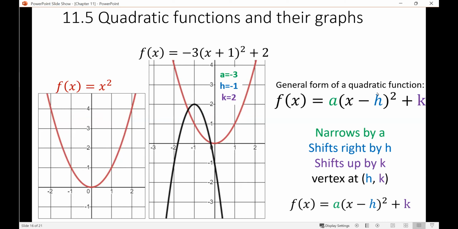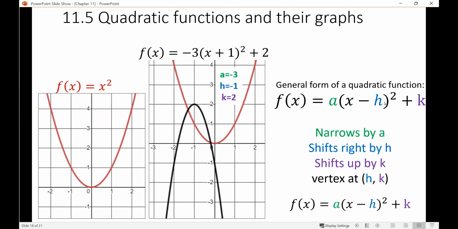Notice in our case, our H is a -1 because we technically have x minus -1 here, and that's why it looks like a plus. But our H is really a -1, so we're shifting -1 in the x direction. So notice that about the general form: to account for that opposite nature of our horizontal shifts, we put a subtraction sign in our general form.